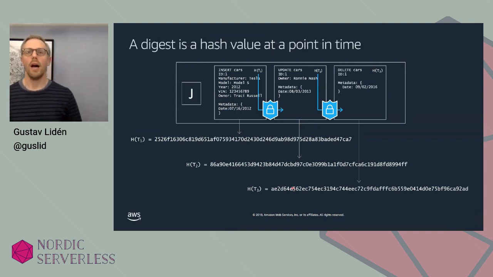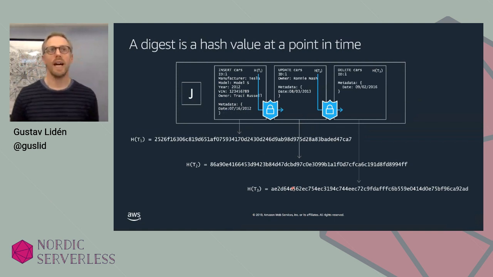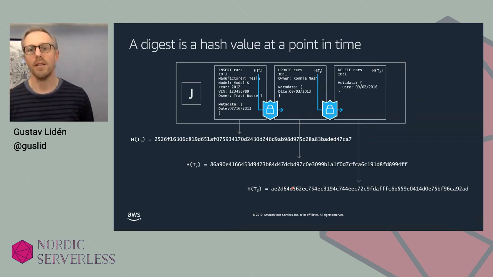Now, what you can do here is extract a hash from the database. We call that a digest. The digest is basically this hash value at a point in time. If you have that, then you are able to backtrack and make sure that no changes have been made to the data.